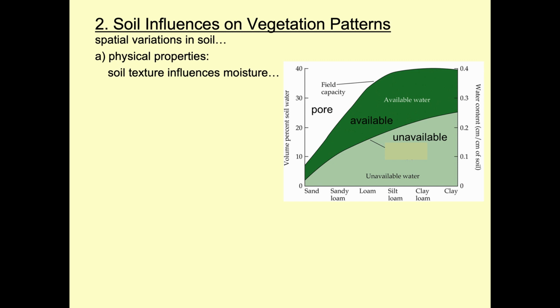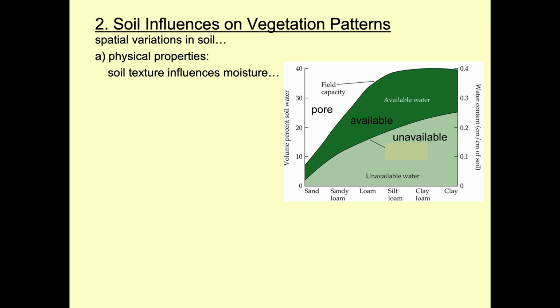So available water decreases with these really fine particles because clay has so much surface area, and because clay has a negative charge, it holds on to water molecules so hard that a fine plant root can't even access many of these water reserves that are attached to clay.